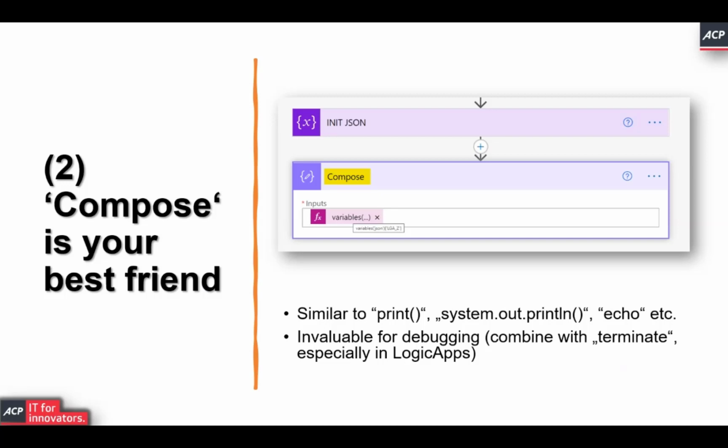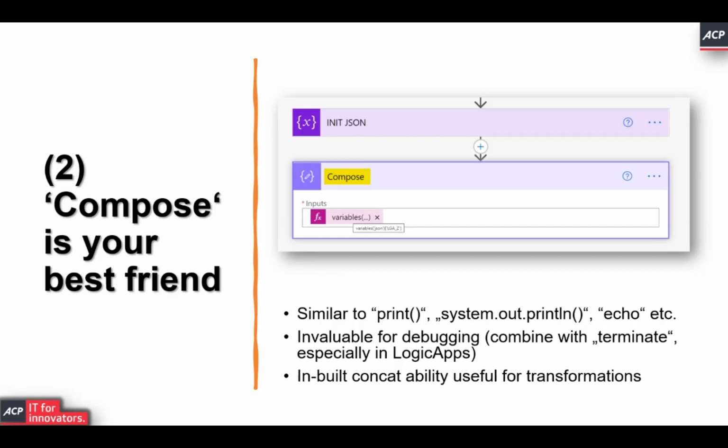For instance, if you're concatenating a variable that has values that come from very different places, make sure that you put loads of Compose connectors in between to see what the current state of your variable is at the moment. But on a more intricate level, Compose is also useful because it has a sort of inbuilt concat ability that you can use for transformations.